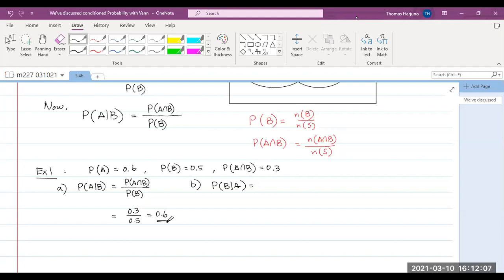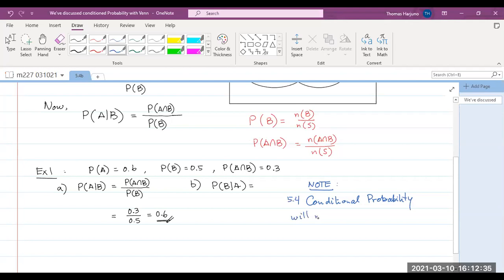Oh, by the way, the material from this 5.4b will not be in your test one. Let me write it down somewhere. Note. Conditional probability, that's 5.4.